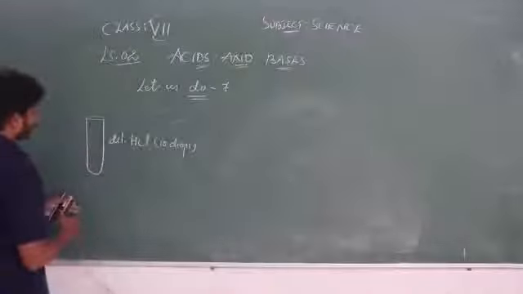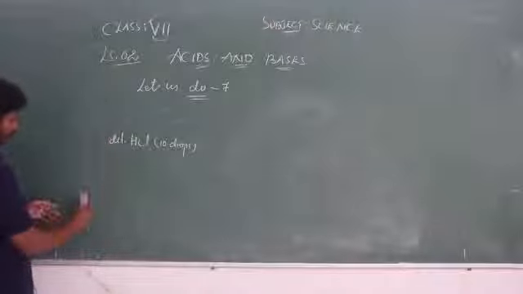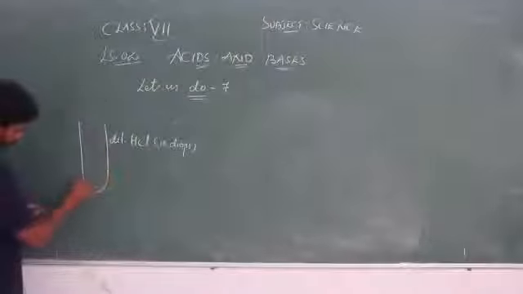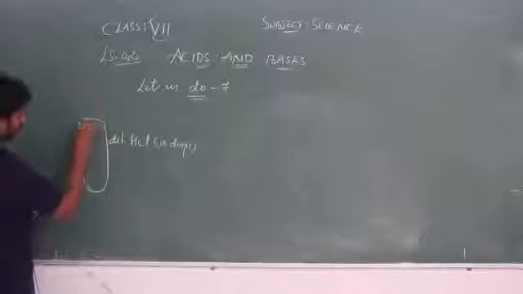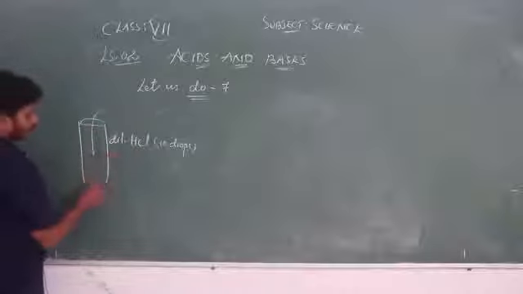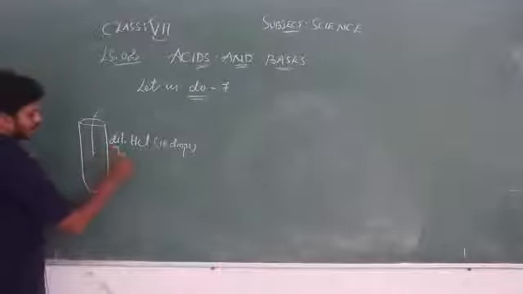First, what we should take? We should take a test tube. This is the test tube that I have taken. Into this test tube, first add 10 drops of dilute HCl. What do you mean by dilute, D-I-L-U-T-E?